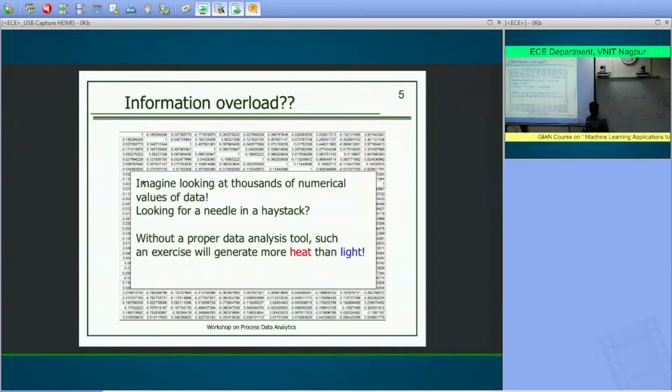Okay, so for instance, this is the correlation between, I think, variable 37 and variable 4. Those variables that have strong correlations are shown in red. Those variables that have mild correlations are shown in white or yellow. Okay. So plots like this help you to understand how different variables in your process are interacting.